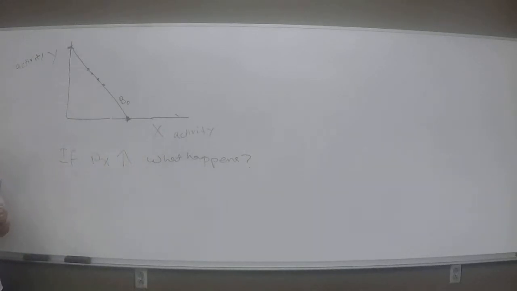So we have activity X, which has become more expensive now. What's going to happen as a result of that increase in price of X? How is your consumption of X going to get affected? How is your budget line going to get affected? Are you going to consume more of X or less of X?